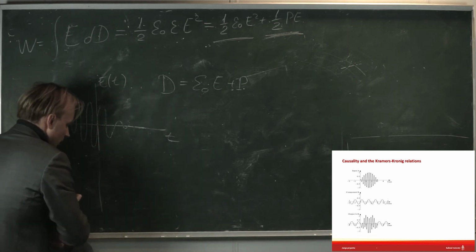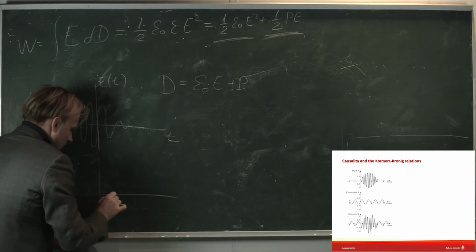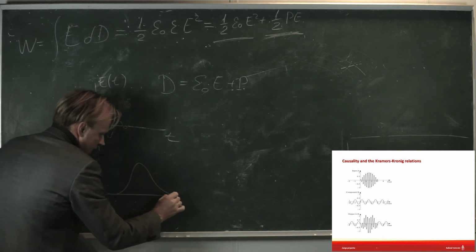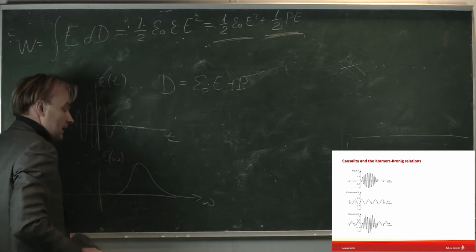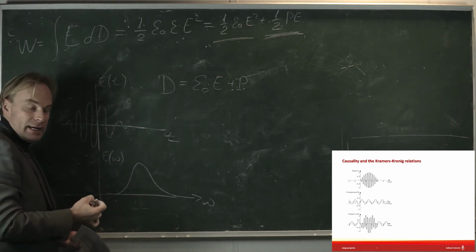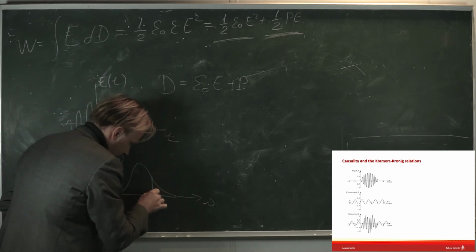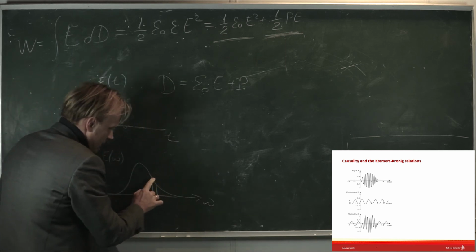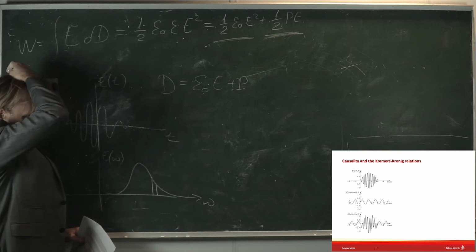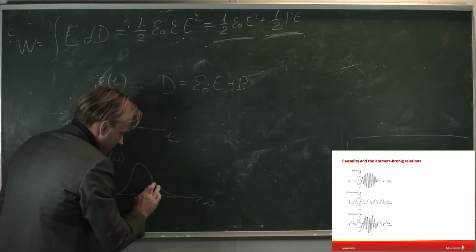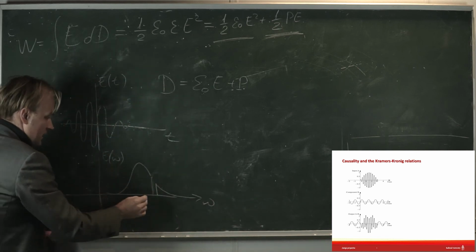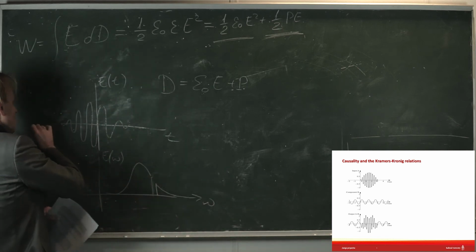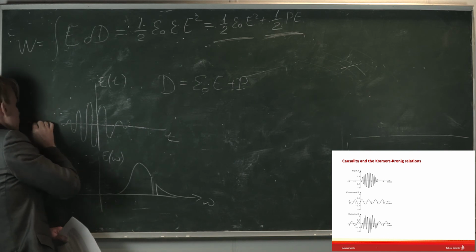If you make Fourier transform, it will have a continuous spectrum. Now, I remove one frequency. Imagine that I had this pulse, and at time t prime, I just removed one frequency from the spectrum. This frequency in time domain will look as a sinus.